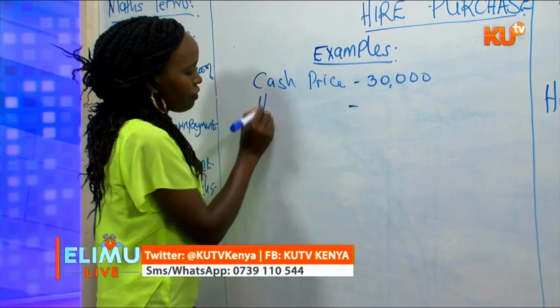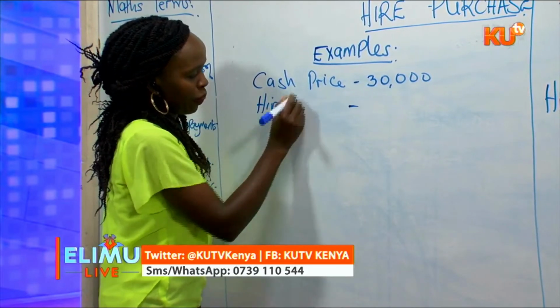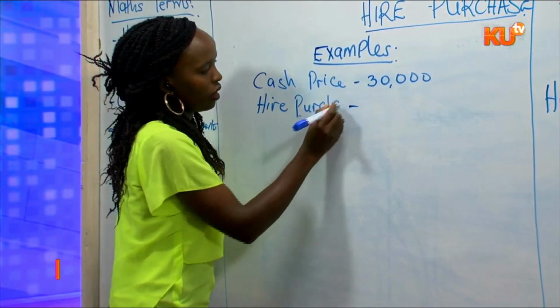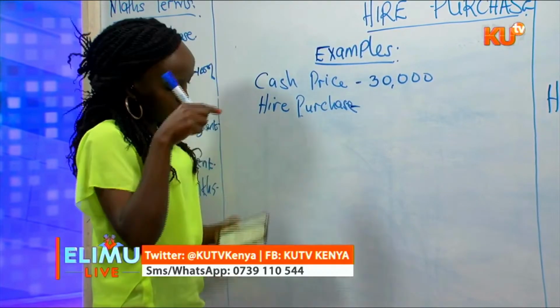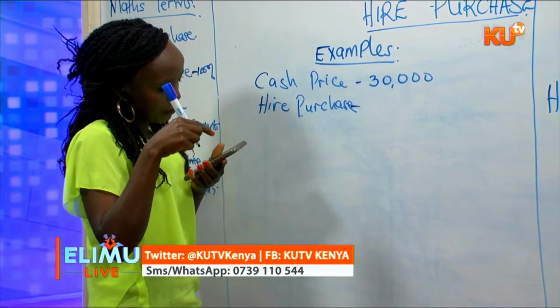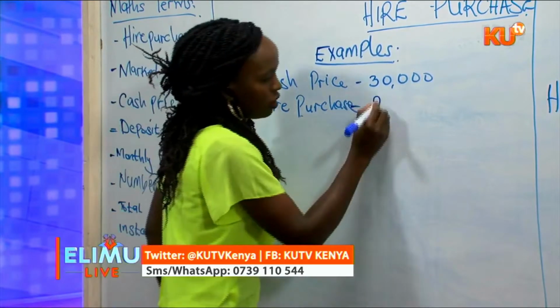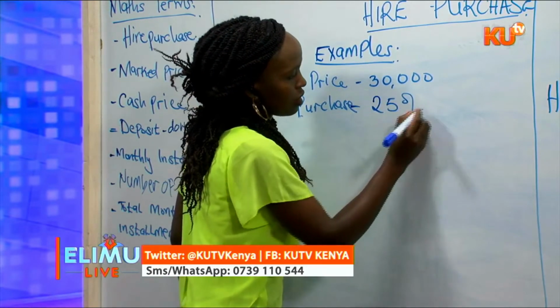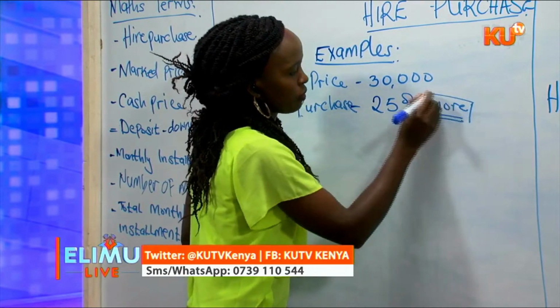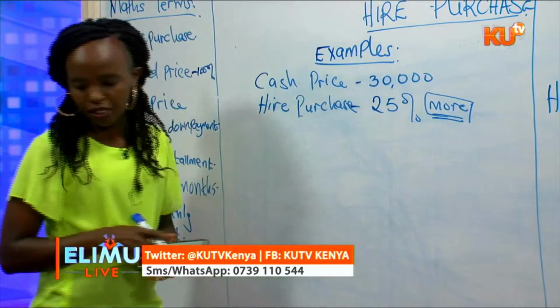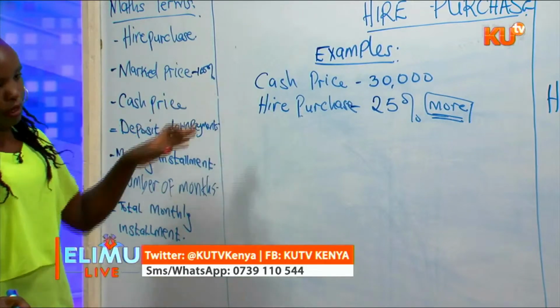So we have the hire purchase, and you have been told that the hire purchase is 25% more. So here we have another term, more. It is 25% more than the cash price.